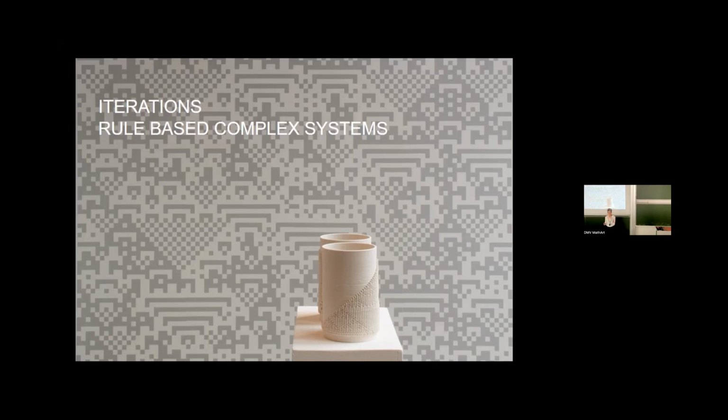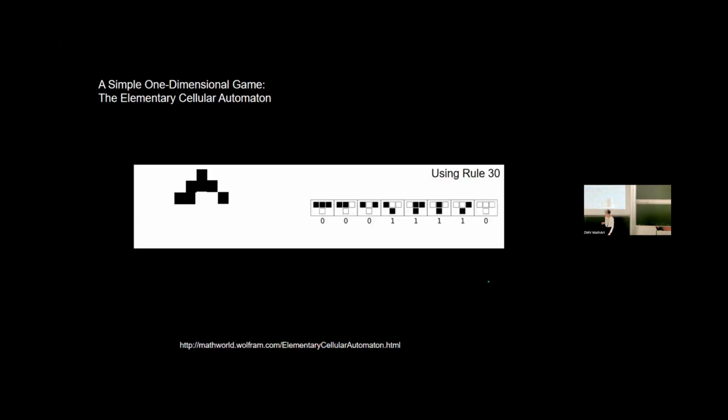And I asked some mathematicians whether they can think of some mathematical ideas where very simple rules can create complex systems. And they said, oh, you're probably talking about the elementary cellular automaton. And I was like, I have no idea what that was, but sure.